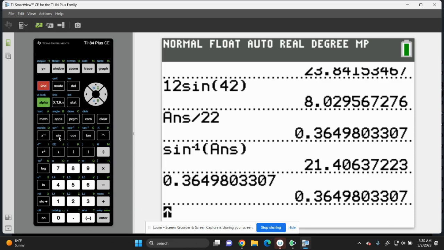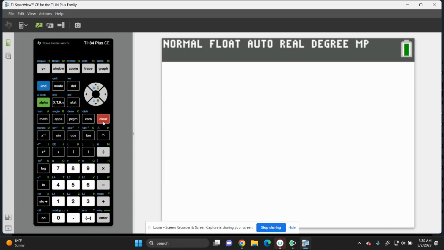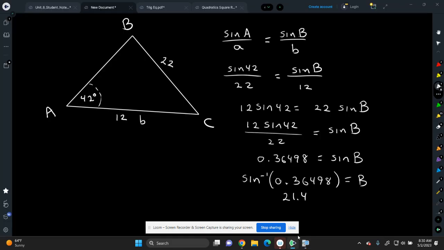So we're going to do inverse sine and then plug in that answer. That way I'm not retyping all the numbers and I'm not rounding. Okay? How do you insert on the calculator? See above the delete key? There's an insert. So you press second insert.